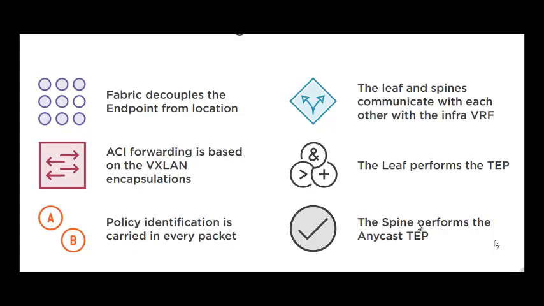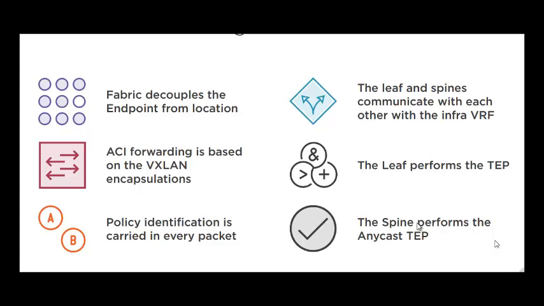Next, the leaf and spine communicate with each other with the infra VRF. I was talking earlier about the information about the endpoint that is shared between the leaf and spine. That uses the Council of Oracle protocol, COOP, and the ISIS protocol.